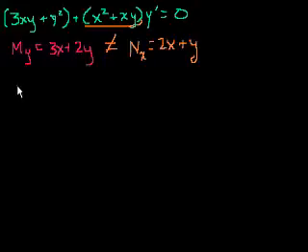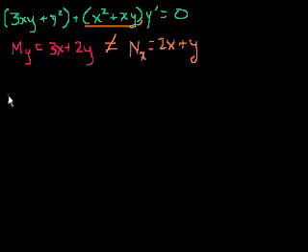And just as a simplification, mu could be a function of x and y, it could be a function of just x, it could be a function of just y. I'll assume it's just a function of x. You could assume it's just a function of y and try to solve it, or you could assume it's a function of x and y. If you assume it's a function of x and y, it becomes a lot harder to solve for, but that doesn't mean that there isn't one.